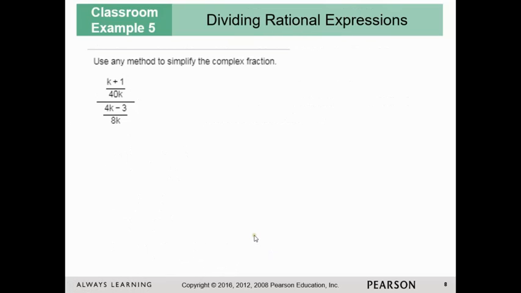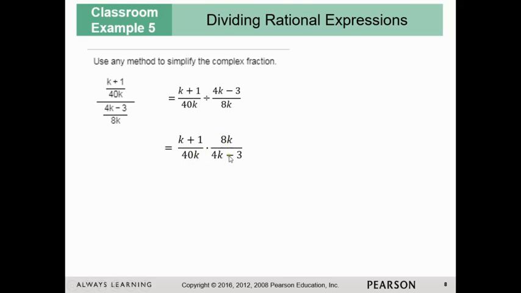So we're going to look at another one of these here. We got k plus 1 over 40k divided by, or complex fraction, 4k minus 3 over 8k. First we write it as a division problem. Then we flip the divisor. Now 8 over 40 will reduce down to 1/5, right?